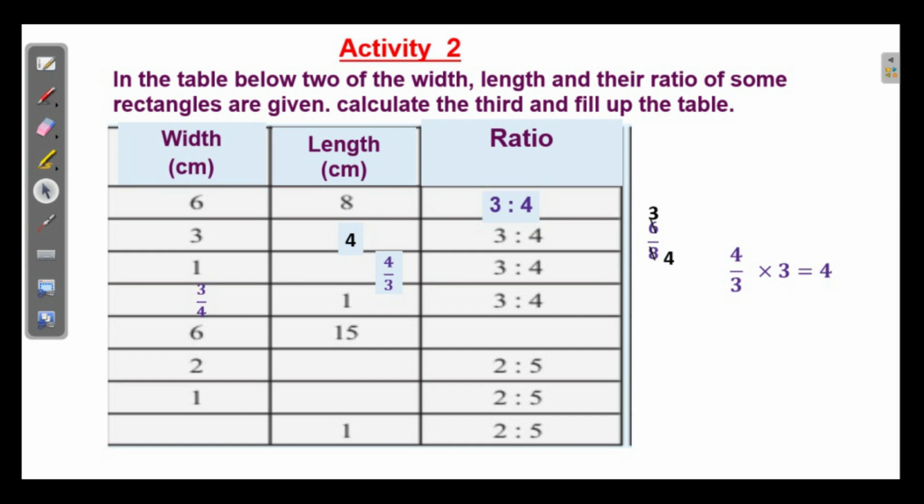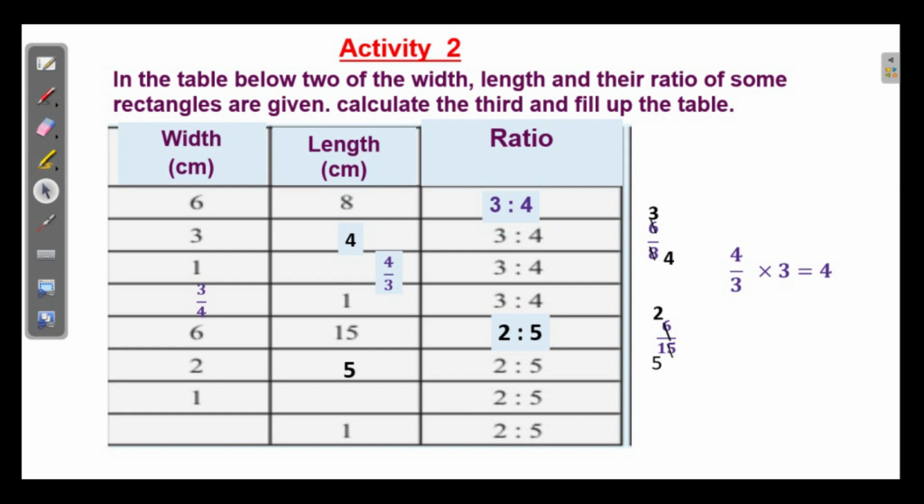And here 6 is to 15. 6 by 15. The common factors are struck off and we get 2 by 5, and we can write it as 2 is to 5. Then in the place of 2 it is 2 itself. 2 into 1 is 2.